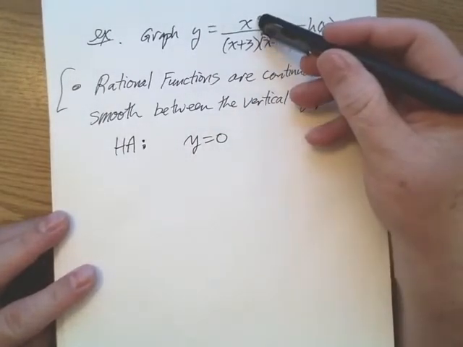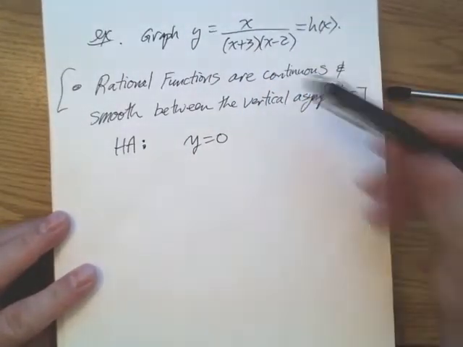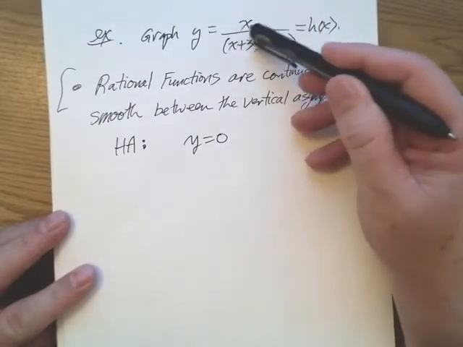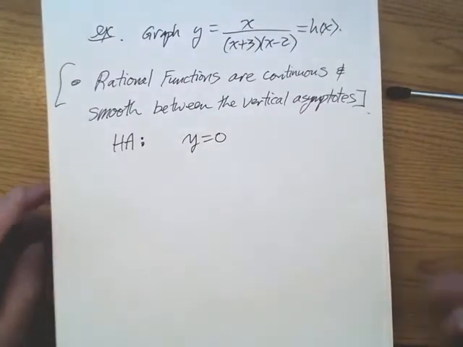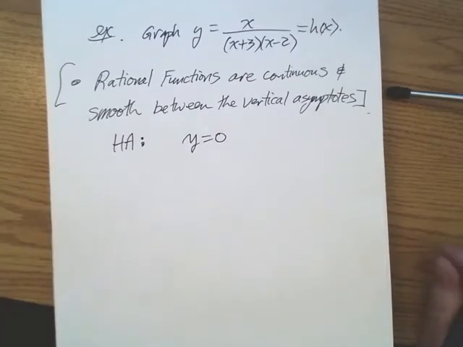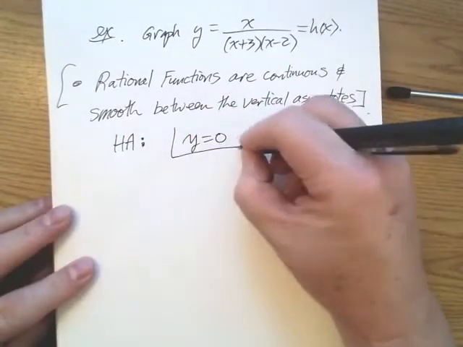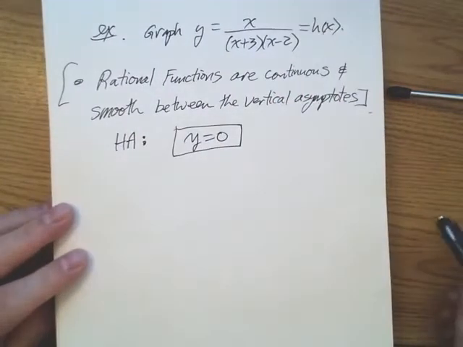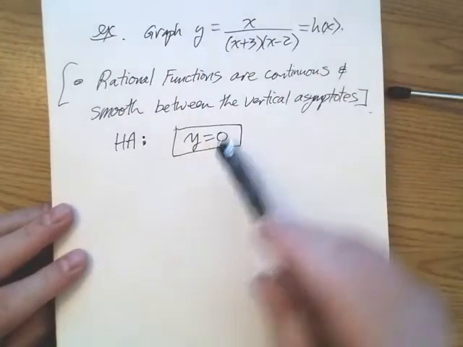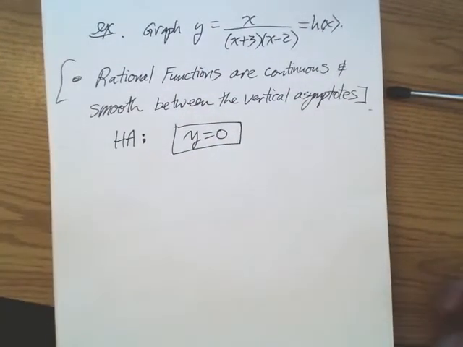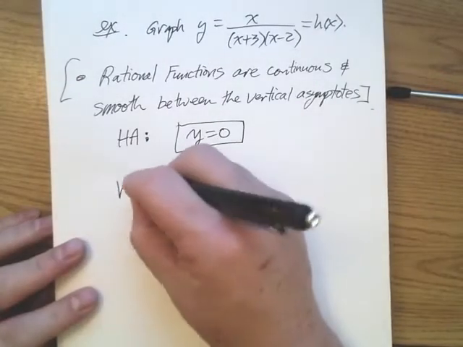Since the degree of the numerator is strictly less than the degree of the denominator, when I take the quotient, I get 0 with the remainder x, which is being divided by that divisor, (x plus 3) times (x minus 2). So we already have this. What does that imply? That as x approaches plus or minus infinity, the graph of this thing is approaching the x-axis.